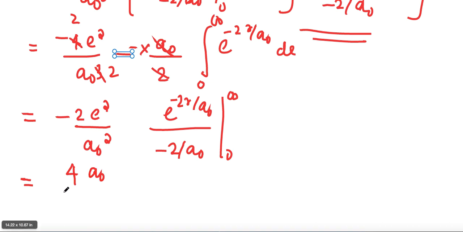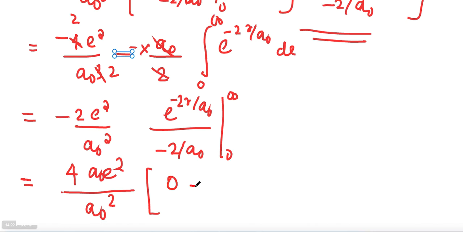In this integral, when we put the upper limit infinity this becomes 0, and when we put the lower limit this becomes 1.